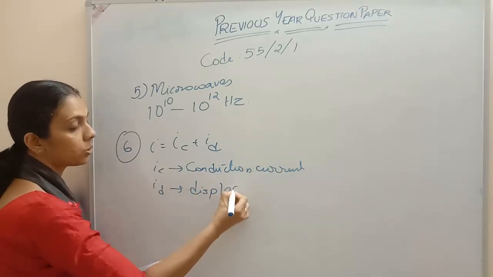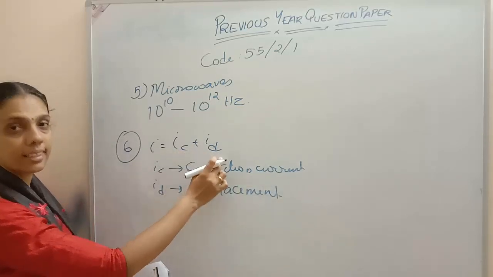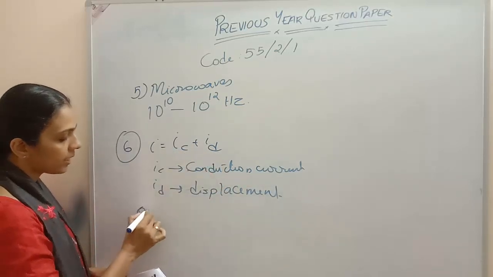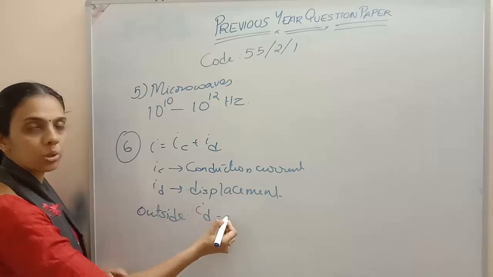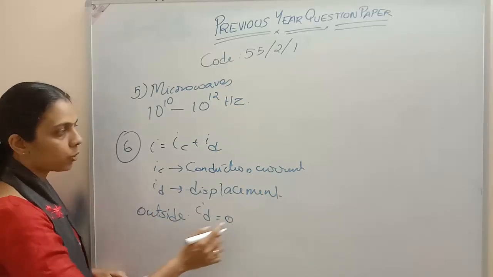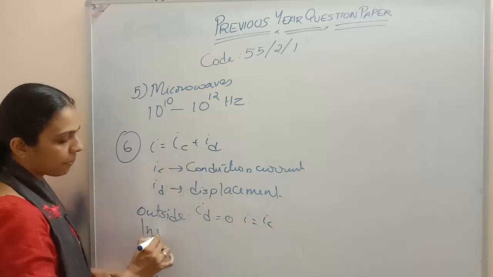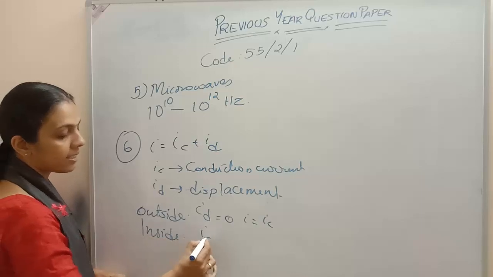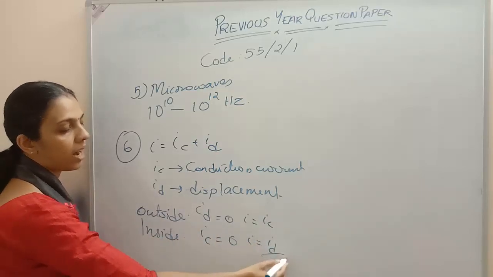The total current is the sum of the conduction current and displacement current. Outside the capacitor, ID will be equal to 0, because displacement current won't be there, so I will be equal to IC. Inside the capacitor, IC will be equal to 0, therefore I will be equal to ID.